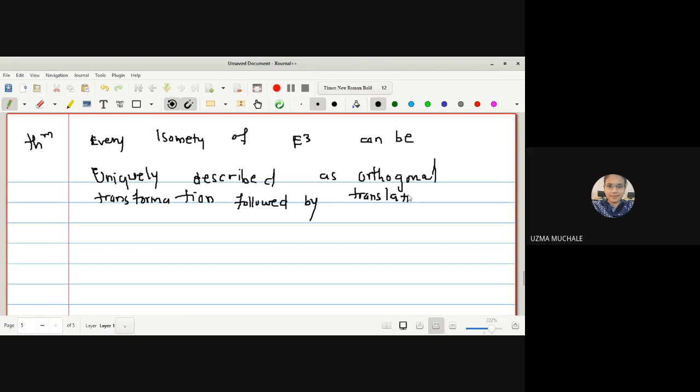Yes, can anyone tell me what you mean by this statement? Read the statement and tell me what is to be proved and what is given. Okay, I want the answer from every student. What do you think from the statement?